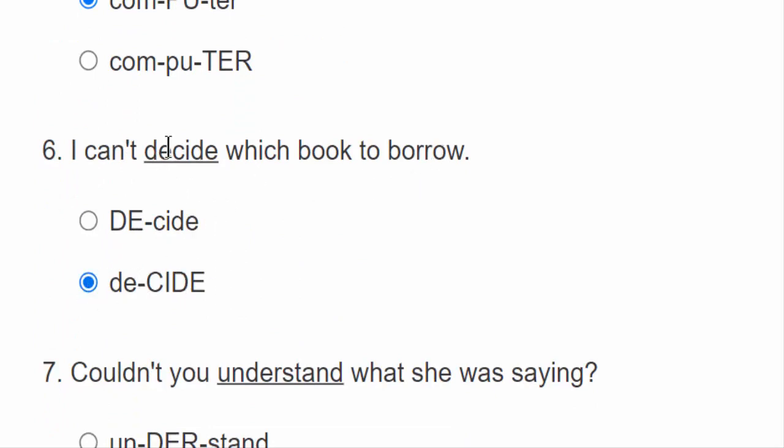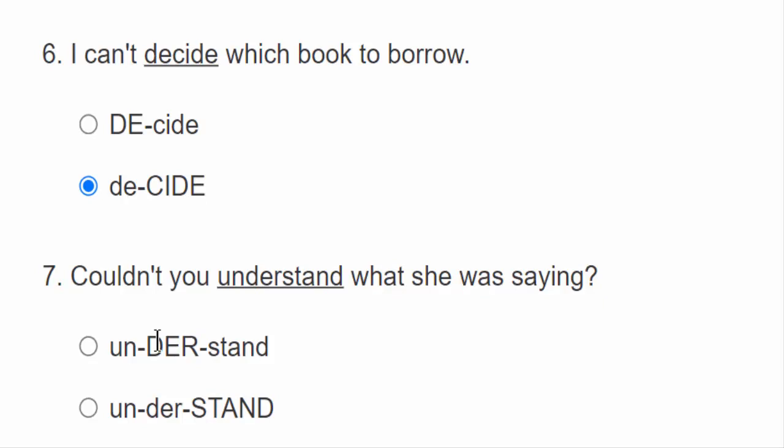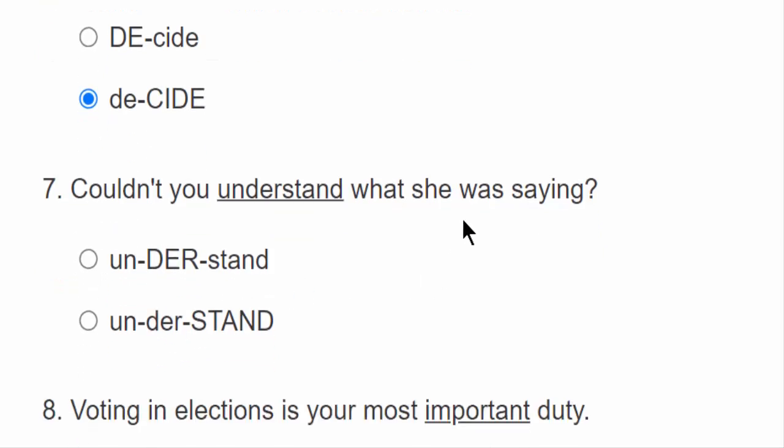Yeah, I think because D, we never stress D. Couldn't you understand what she was saying? Understand, stand. Yeah, here it is a schwa sound. It's not stressed because it's a prefix, and here.